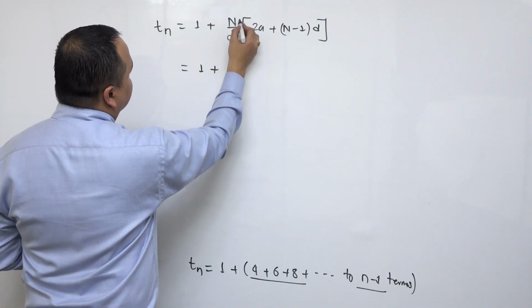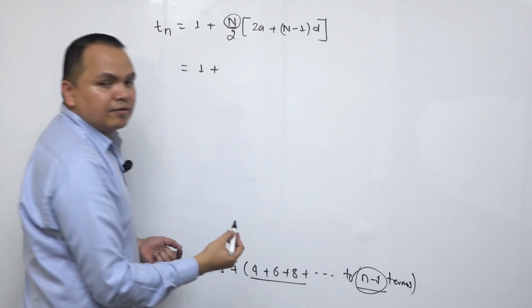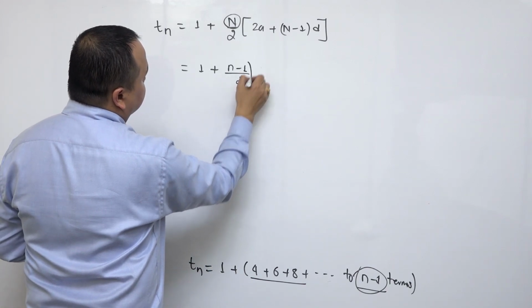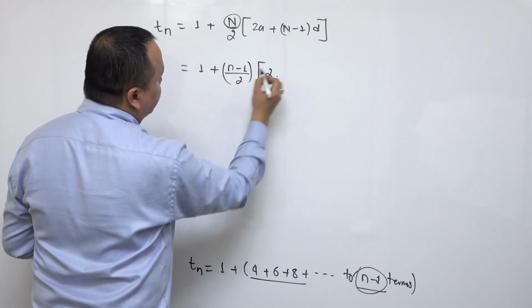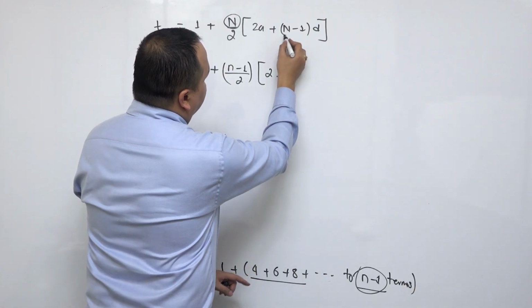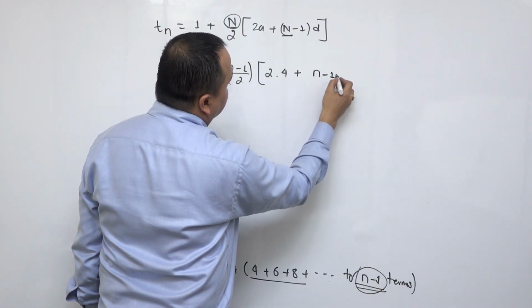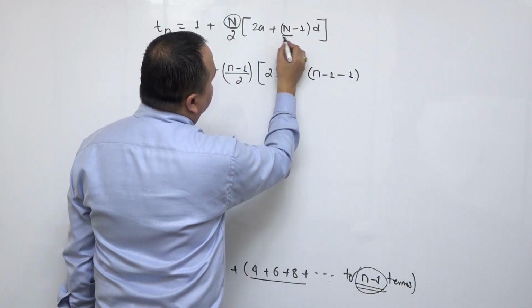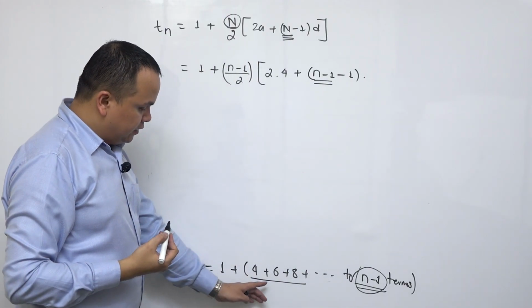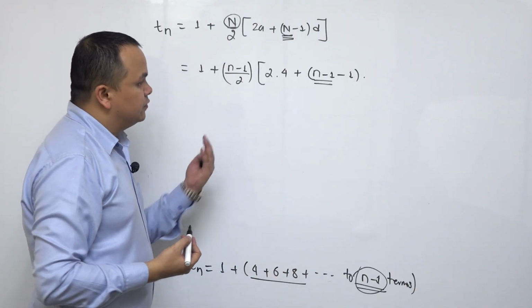Here the number of terms is n minus 1, a is 4, and d is 6 minus 4, 8 minus 6, which is 2.